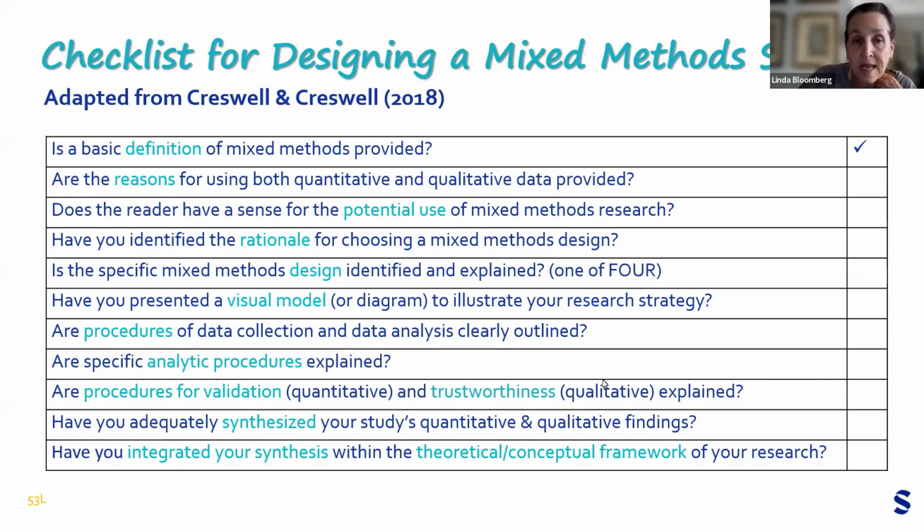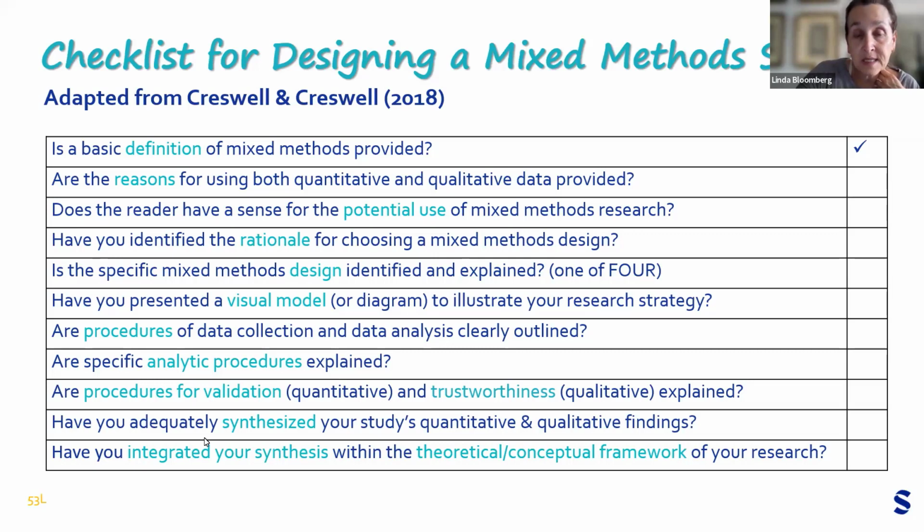Are all analytic procedures explained? That means, have you explained all of your qualitative and quantitative analytic steps that you took? Are the procedures for validation, which applies to quantitative, and trustworthiness, which applies to qualitative, explained? Remember, there are 8 criteria that you have to take care of: 4 for qualitative and 4 for quantitative if you're doing a mixed method study.